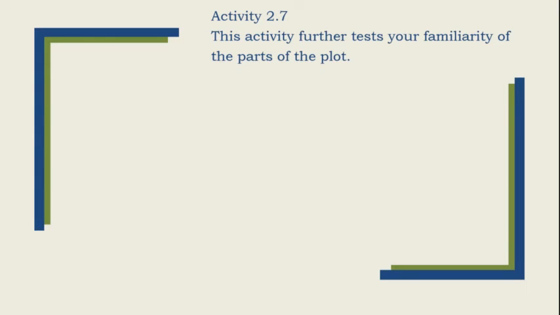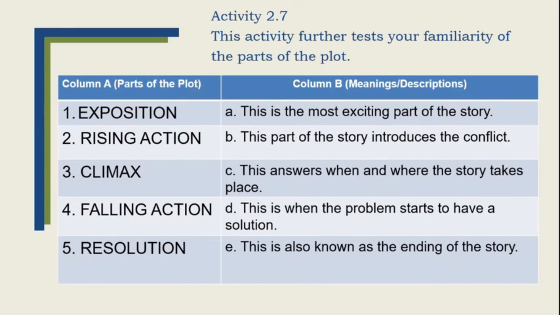Now, let's do activity 2.7. This activity further tests your familiarity with the parts of the plot. Number 1 in column A, exposition. 2.